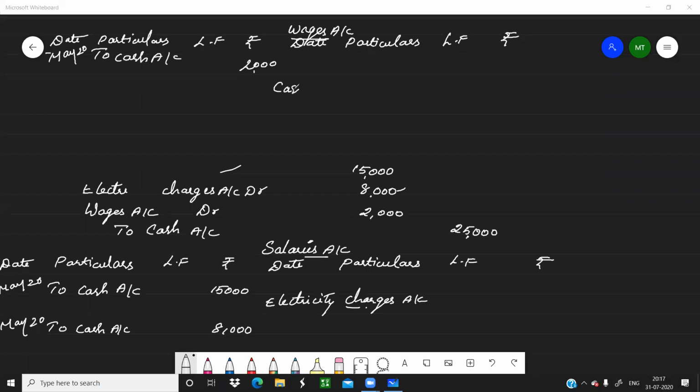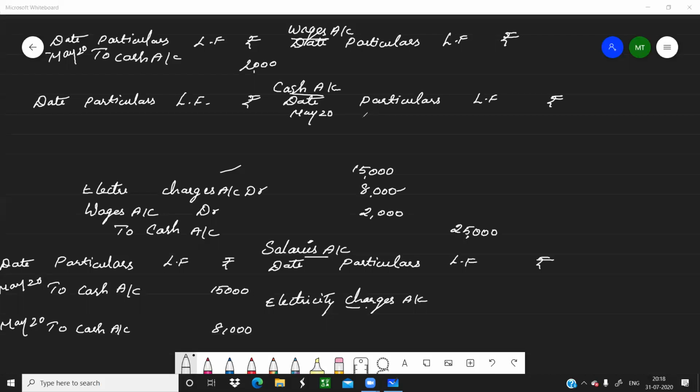Date, particulars, LF, then amount. Then date, particulars, LF, then amount. That's all. So the cash account is on the credit side. So May 20. So credit balance.